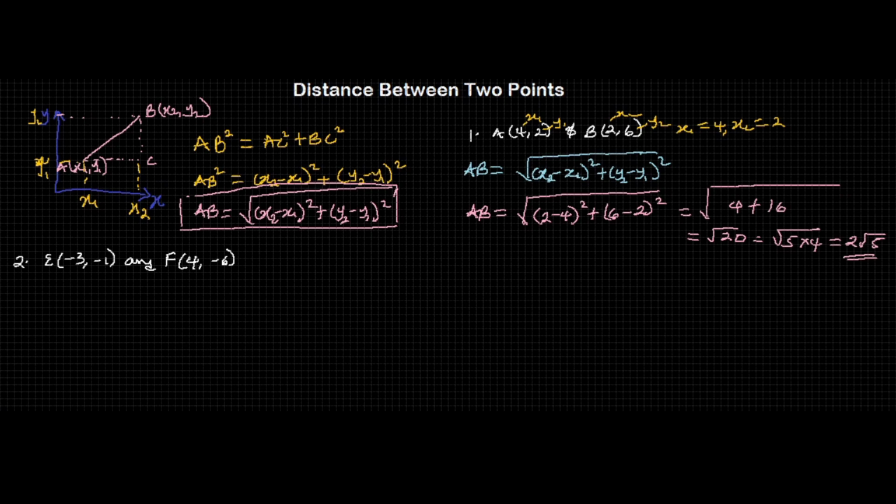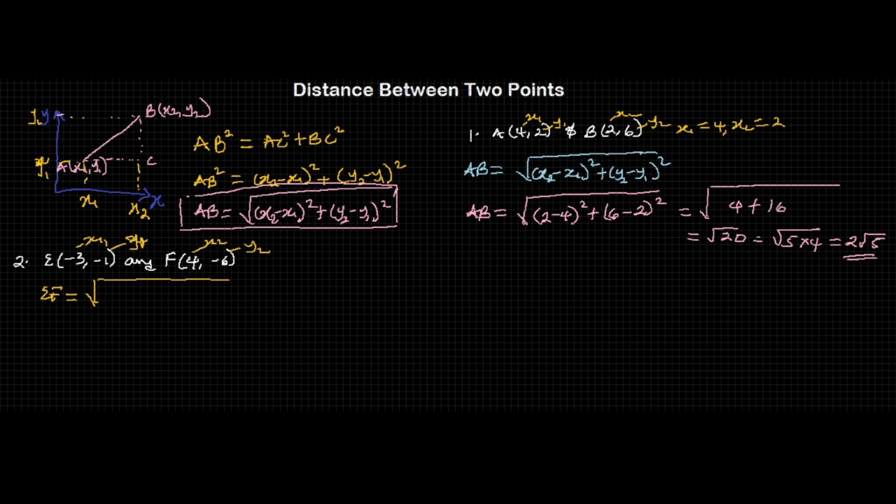The distance between point E and point F is EF, which is the square root of, remember using this formula, then let's just find our x1. This is x1 and this is x2, this is y1 and this is y2.